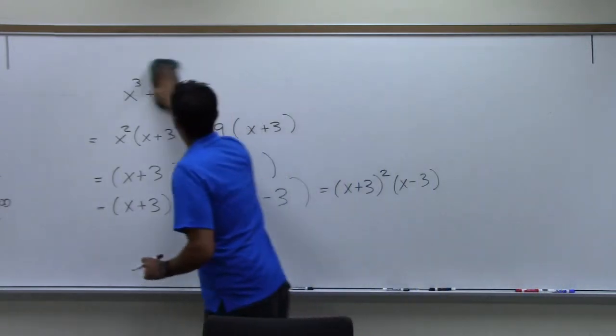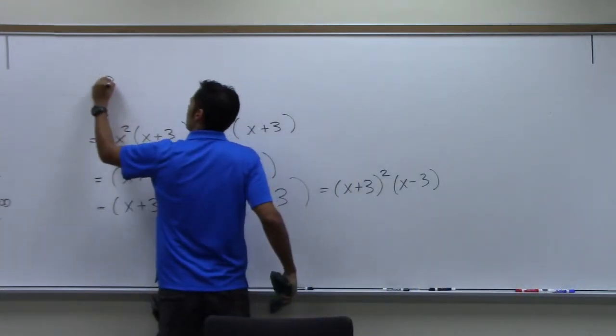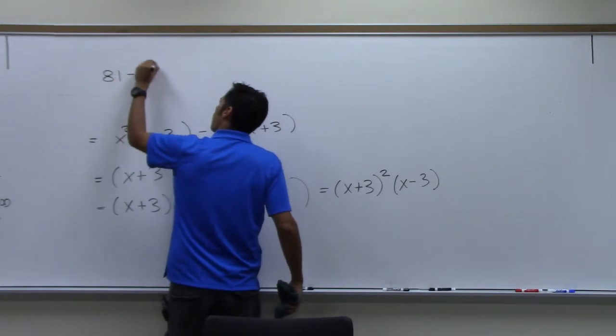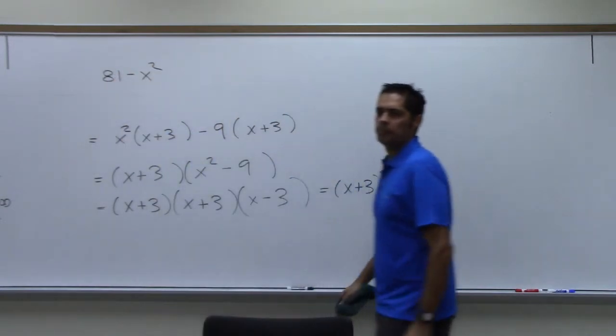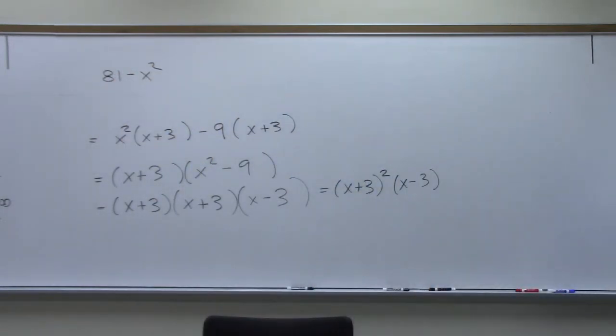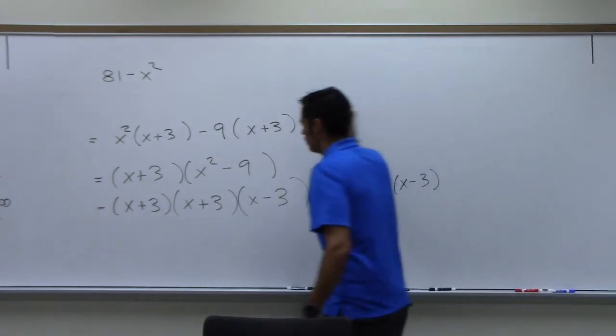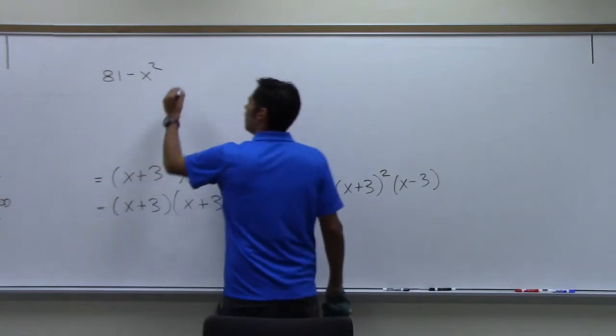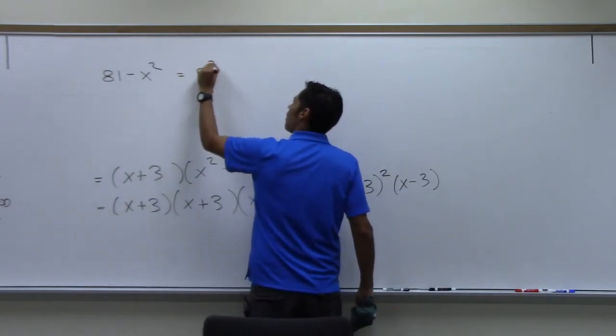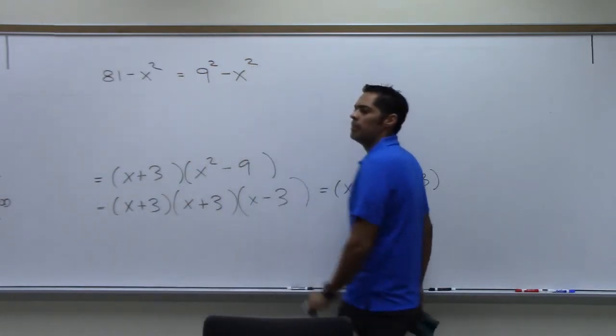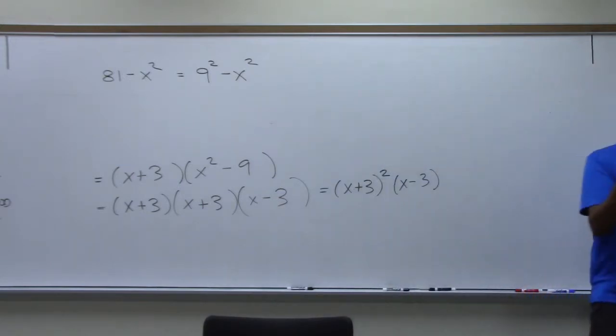How about this? 81 minus x squared. Can you factor that? Yeah, this is the same as 9 squared minus x squared, right? So do you agree that that's still two things squared, subtraction between them?